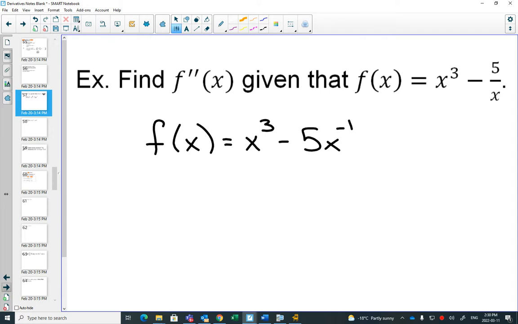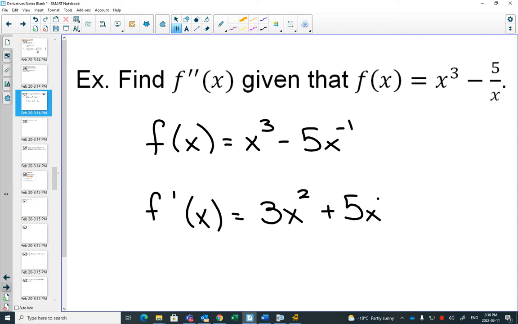Now that I have my derivative in a form that I can do, f prime of x, the 3 would come out in front. The negative 1 would come out in front. Subtract 1 from my exponents, and I have my first derivative.